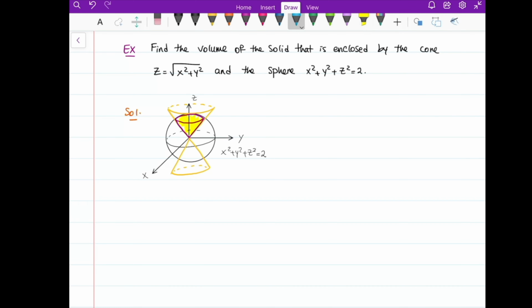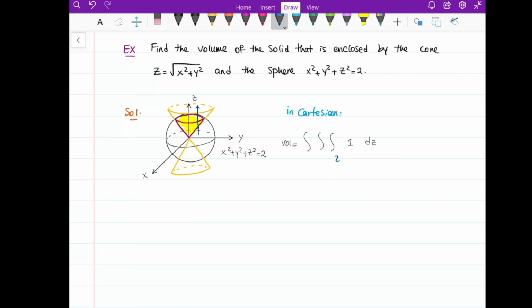So I'm going to set up the integral in Cartesian first. In Cartesian, the volume would be equal to the triple integral. I'm going to put 1 for the function, and then dz, and then dy dx or dx dy, whichever is easier. For finding the bounds for z, I noticed that if I have a line parallel to the z-axis, the first point to hit the region lies on the cone.